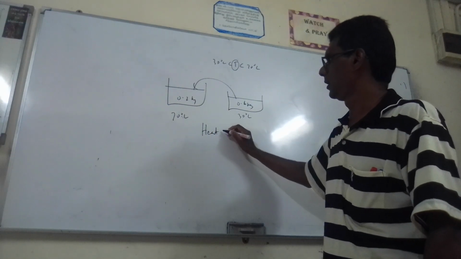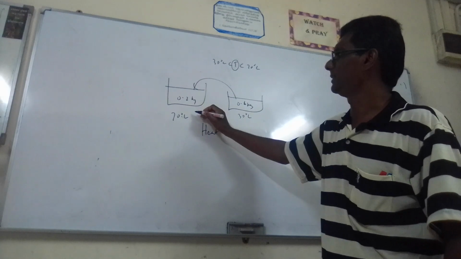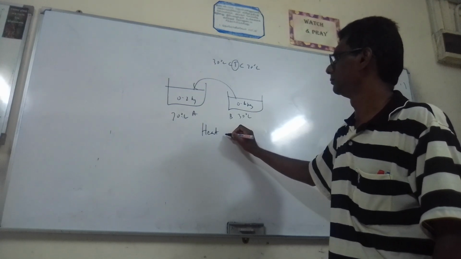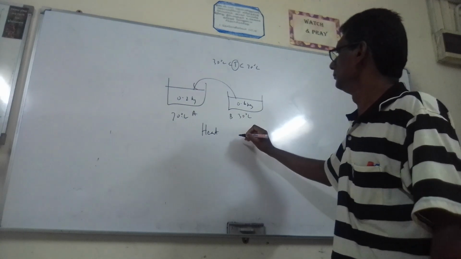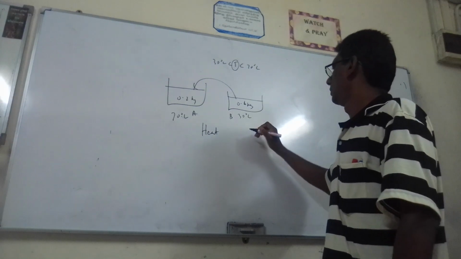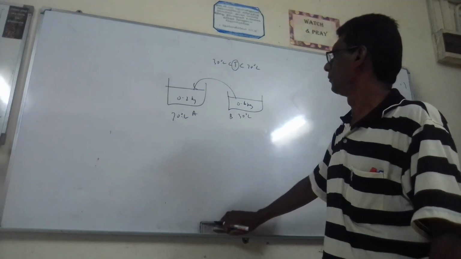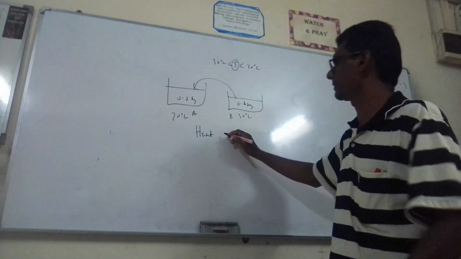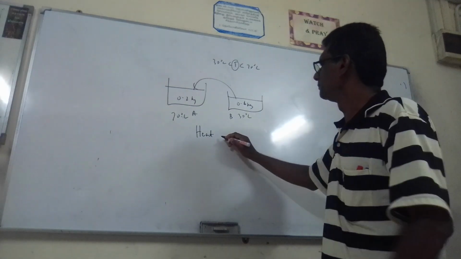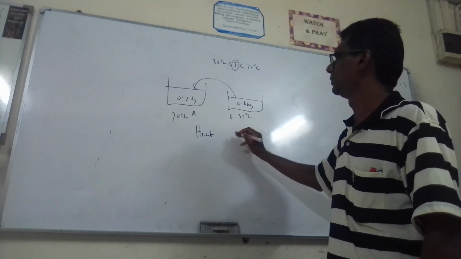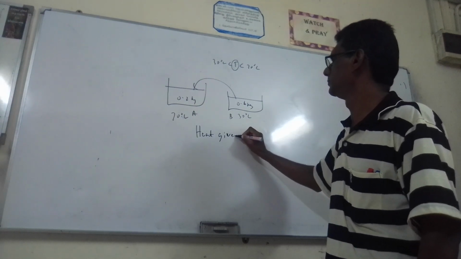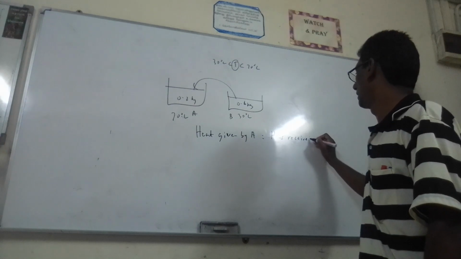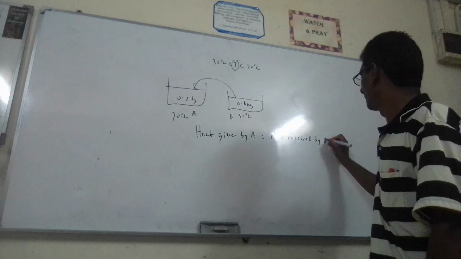Okay, let's say this is A, this is B. Heat lost by A, heat received by B. Heat given by A is equal to heat received by B. So the same amount.